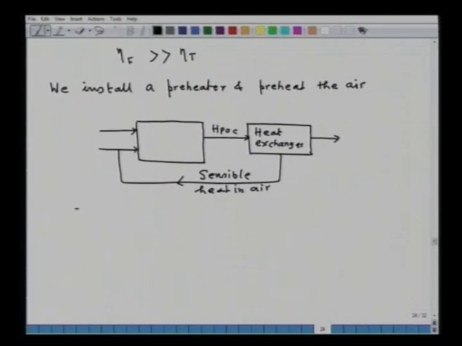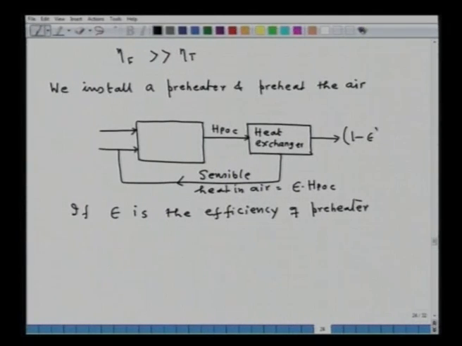If epsilon is the efficiency of the preheater, then the sensible heat in air will correspond to epsilon into HPOC, and 1 minus epsilon into HPOC will be exiting.